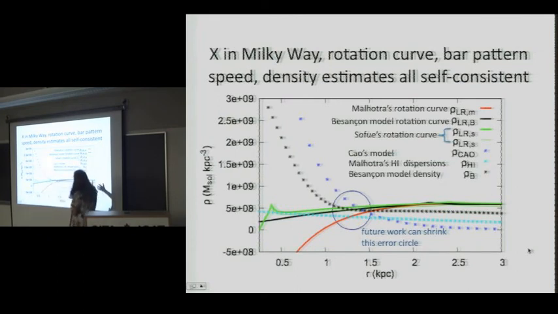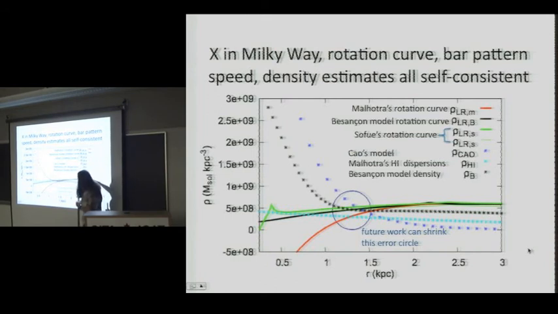So this plot shows you all my attempts to do this. I generated the rho LR curve: with a rotation curve and the known measured bar pattern speed, you get this curve. And then you can plot that versus other estimates for the midplane density. The two important lines here are the Besançon model rotation curve predicted rho and the Besançon density for the same thing.